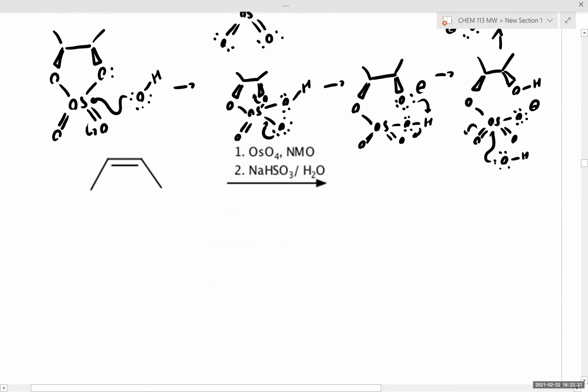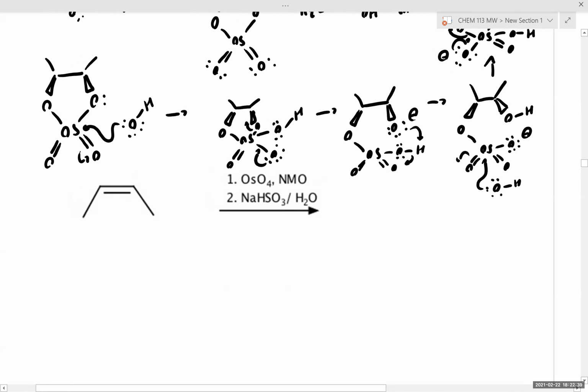So the one thing I want to highlight is you have to pay attention to your alkene geometry. Because for example, if we start with a cis alkene, I'll just show the mechanism here for the first step since we've done this before as a class.